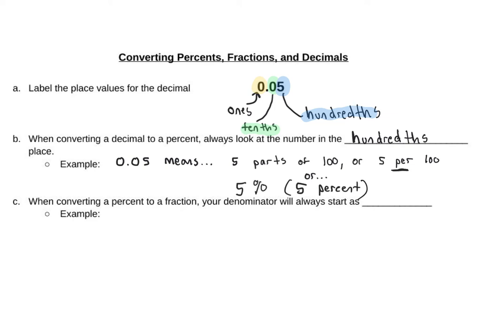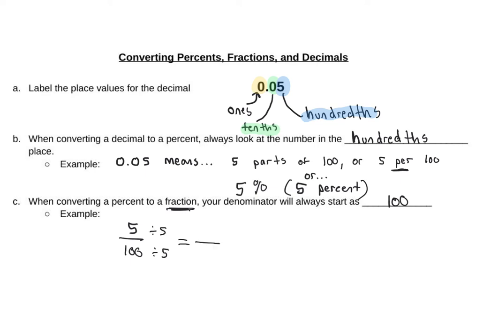And when we are converting a percent to a fraction, your denominator is always going to start as 100. So an example in this case would be 5 over 100, but we could simplify that. Because 5 and 100 both have a factor of 5, we can simplify by dividing both top and bottom, numerator and denominator, by 5.